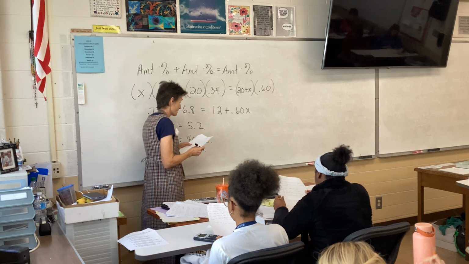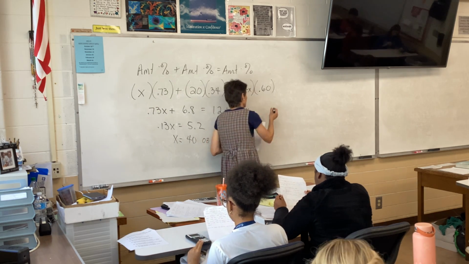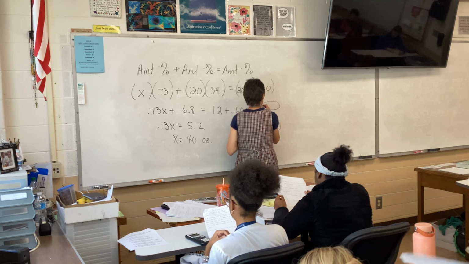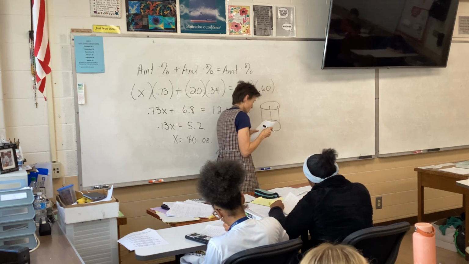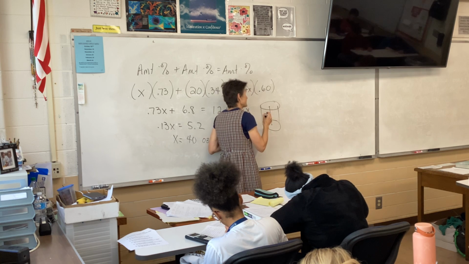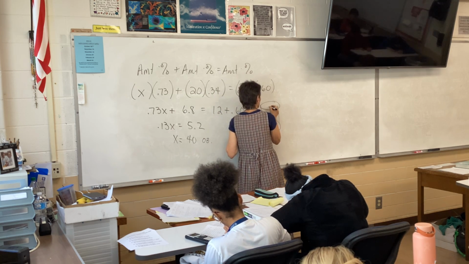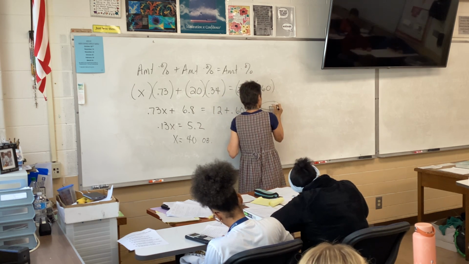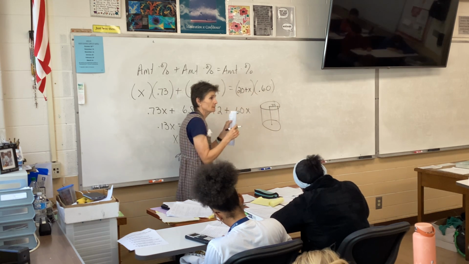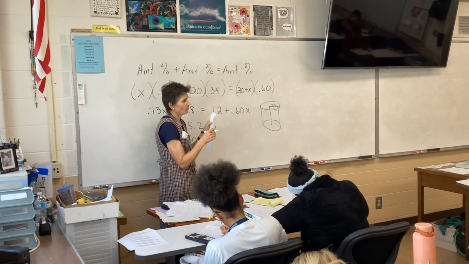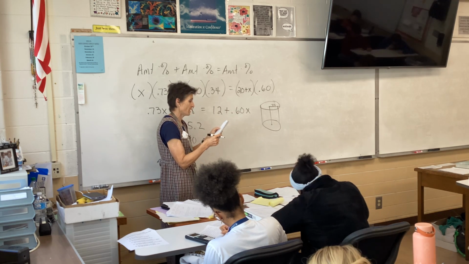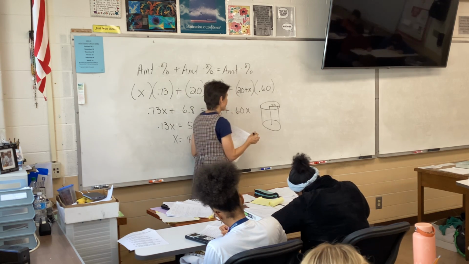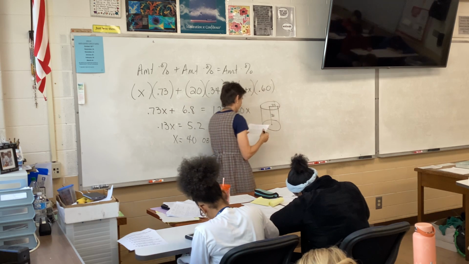Number nine, a cylinder. You know what a cylinder looks like. It has a 15-inch diameter, which means the radius is 7.5. All of our formulas involve radii, not diameter, so I'm going to just put 7.5. The water in the tank is 20 inches deep.